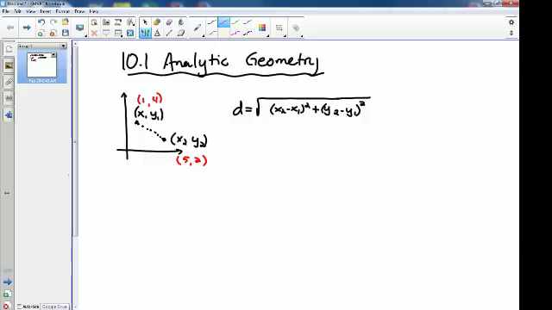Let's just throw a quick one up here. I'm going to give you those 2 points. What's the distance between them? It's a plug and chug, right? You just have to figure out what x1 and y1, x2 and y2 are.